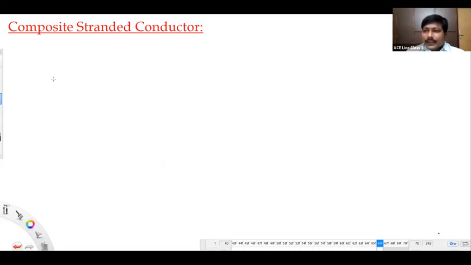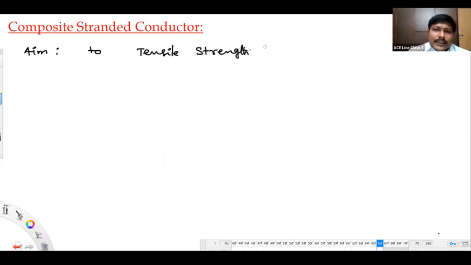So the aim of this conductor is to increase tensile strength, or you can say to reduce the sag. To increase the tensile strength of the conductor, or you can say to reduce the sag. So definition I am writing now, definition, right?